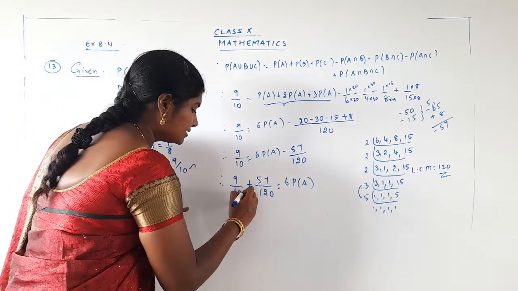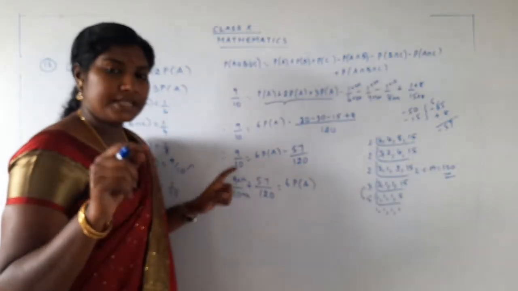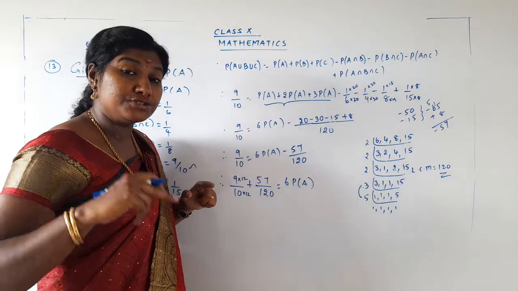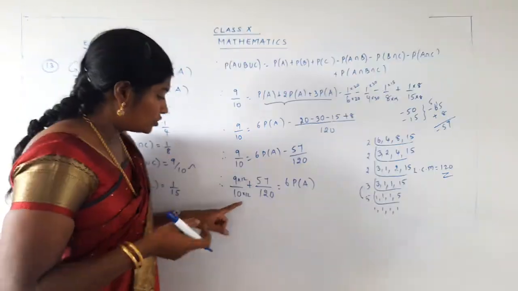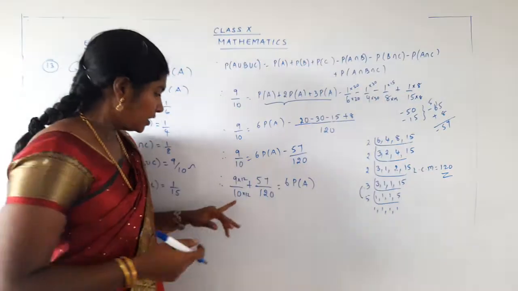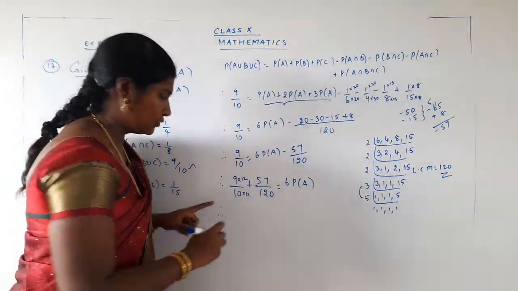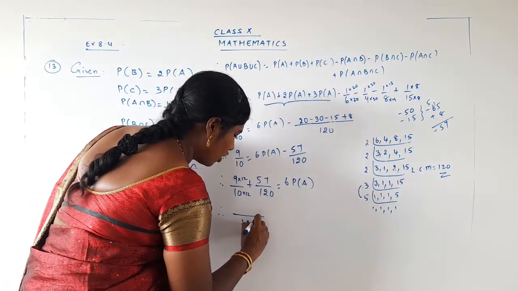So what I'll do is I'll just multiply by 12 so that I'll get the same denominator. Whatever changes I am doing in the denominator, the same changes should be done in the numerator part also. So I'll multiply by 12 so that I'll get 120. Okay, this is just a direct method. So this is 9 into 12 upon 10 into 12. So I'll get here 120 as the common denominator.